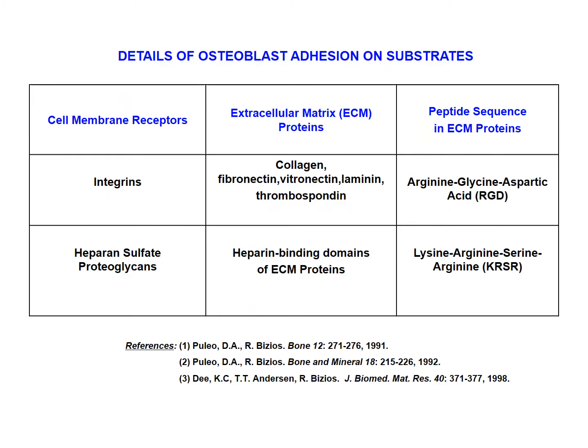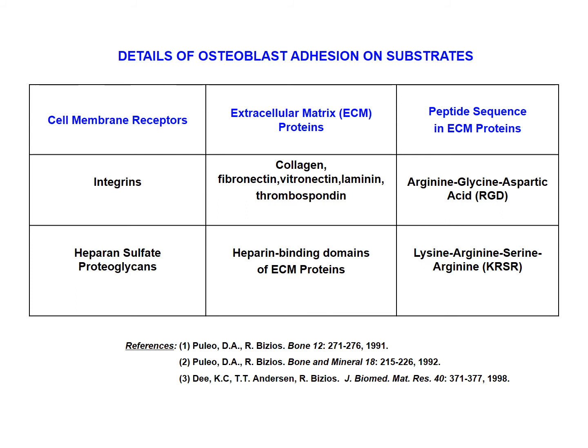Important details of the mechanisms underlying osteoblast adhesion on substrates are shown on this table. First and foremost, the cells have membrane receptors. Some of them are the integrins, which recognize on various extracellular matrix proteins such as collagen, vitronectin, etc., the sequence arginine glycine aspartic acid, RGD.